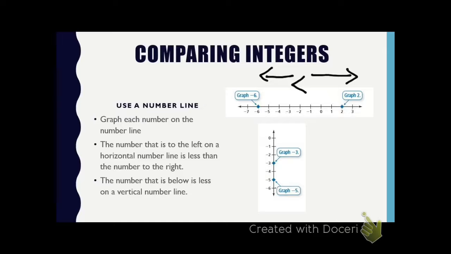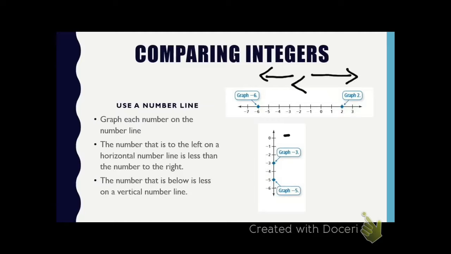All right, now here's an example of a number line going the opposite direction. Instead of going horizontally, it's going vertically. It's going up and down. And notice that here's our 0, and everything below the 0 is a negative number. If this number line were to continue, everything above the 0 would be a positive number. But this time we're comparing two negatives. We're comparing -3 and -5.